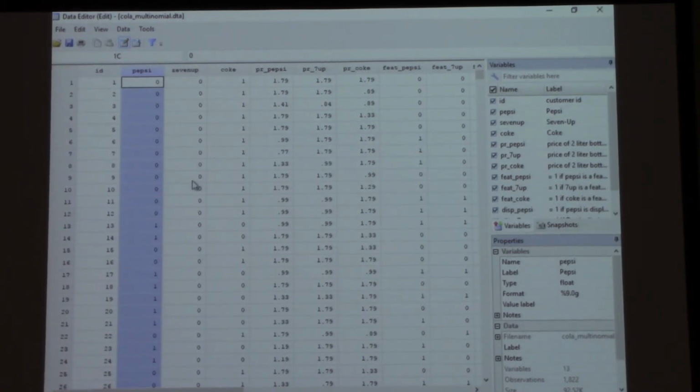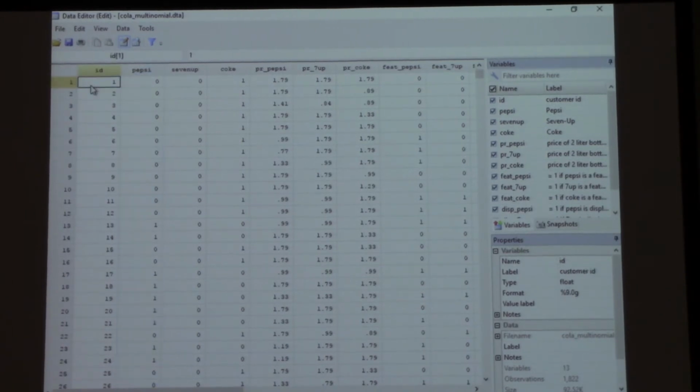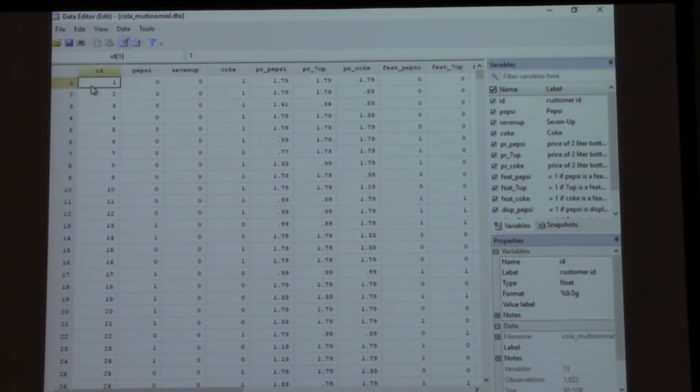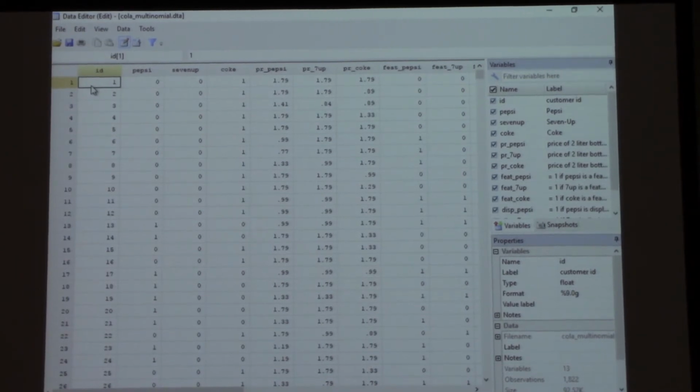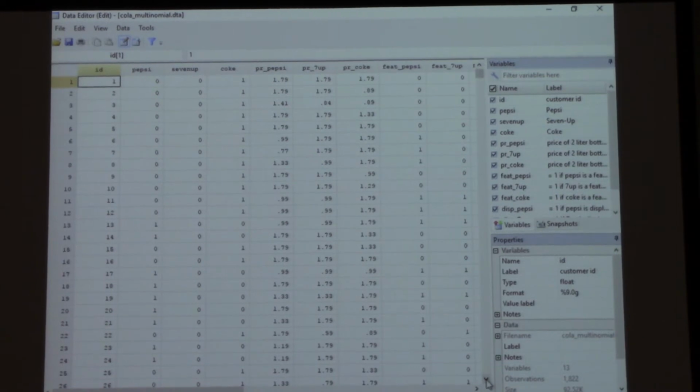And when the dummy equals 1, it means that's what they bought. So we can see the first few bought Coke, then we got some Pepsis, and then we don't get a 7-Up for a while, at least not in these first few observations. Oh, there we go. Here's some 7-Ups, and so on.